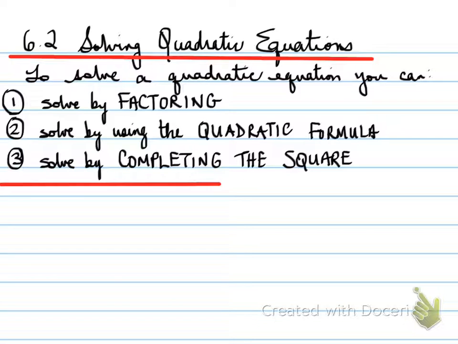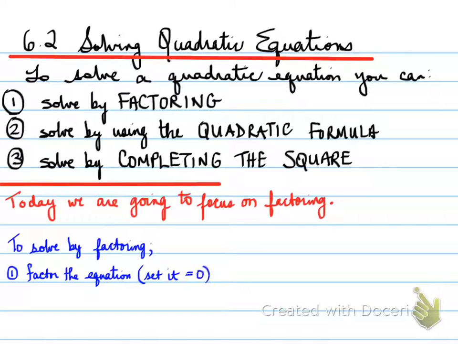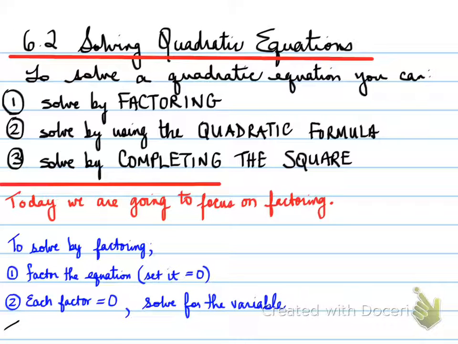Now what we're going to be looking at is how we can use factoring to solve quadratic equations. So let's start. Since we're focusing on factoring, to solve by factoring you have to factor the equation, set it equal to 0, and then take each factor, set each factor equal to 0, and solve for the variable.